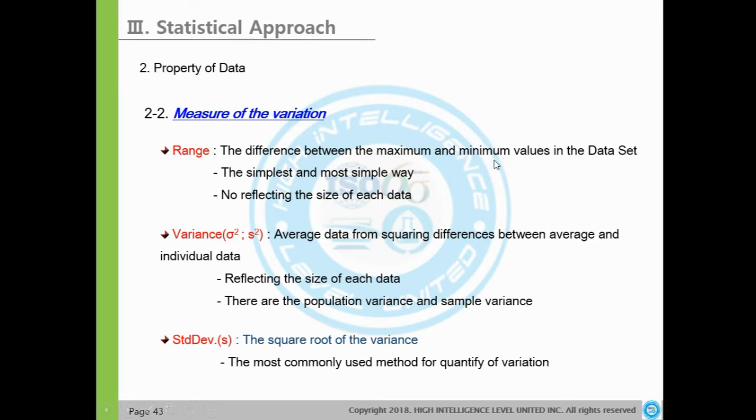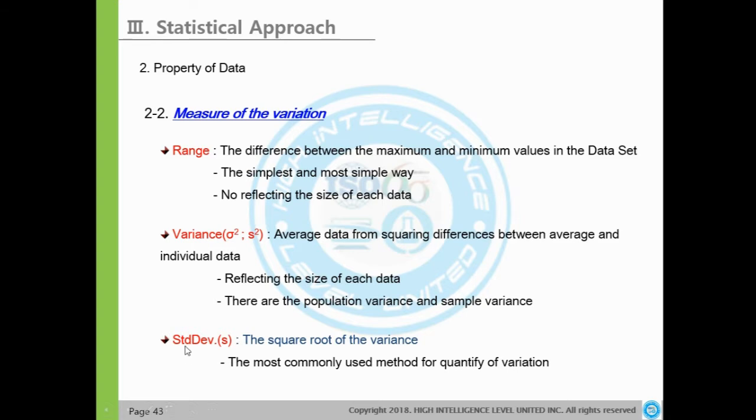So simply, maximum minus minimum is the range. It is the simplest way. But it does not reflect the size of each data. We can see only the data range from the maximum to minimum.